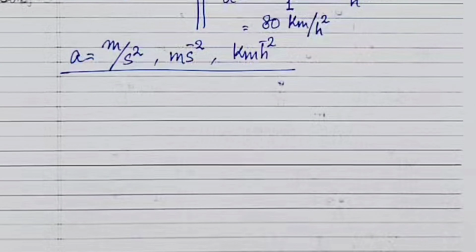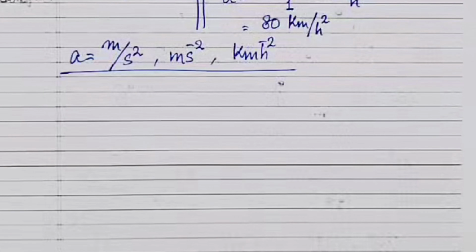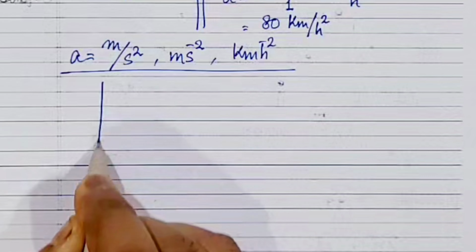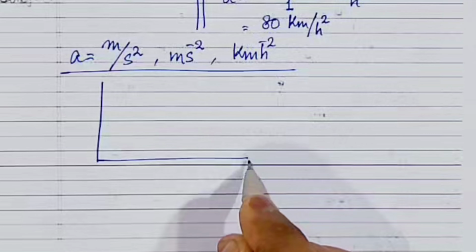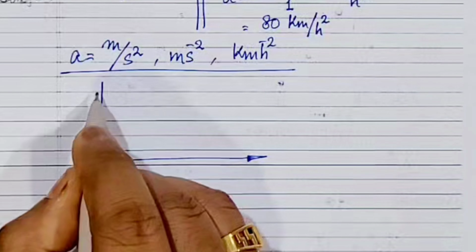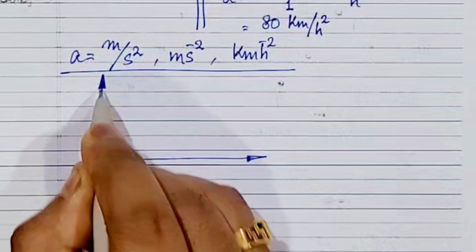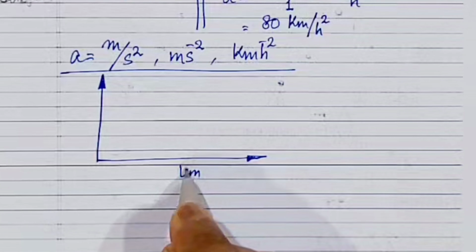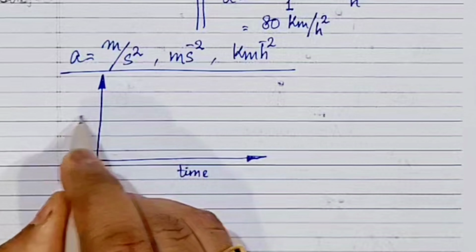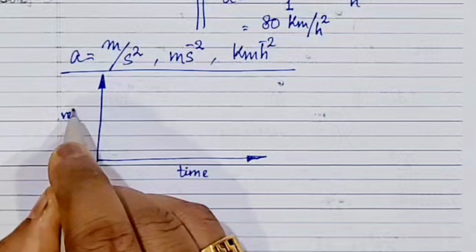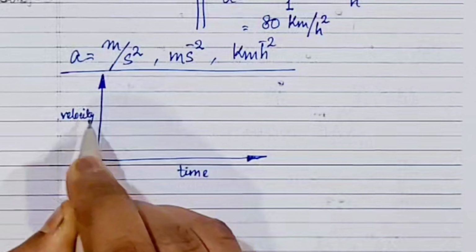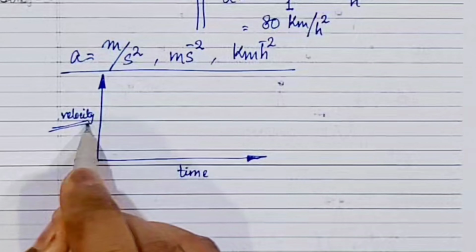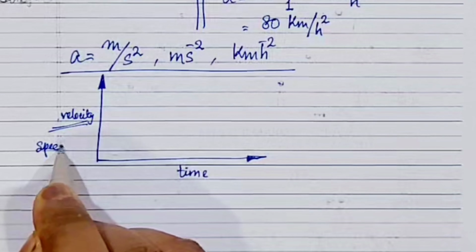Now, what does this mean on a distance time chart? Let's say this is the time axis, and you can either plot velocity here or you can plot speed here.